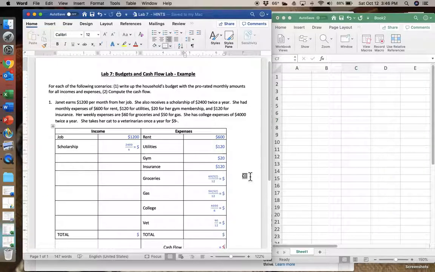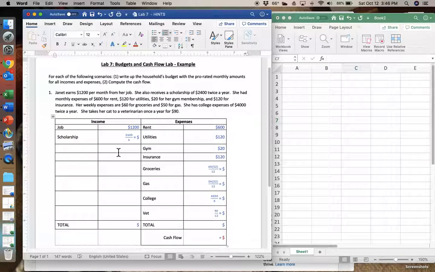Her weekly expenses are $60 for groceries, $50 for gas. She has college expenses of $4,000 twice a year, and she takes her cat to the veterinarian once a year for $90. So we're trying to find out the household budget and the cash flow for Janet.